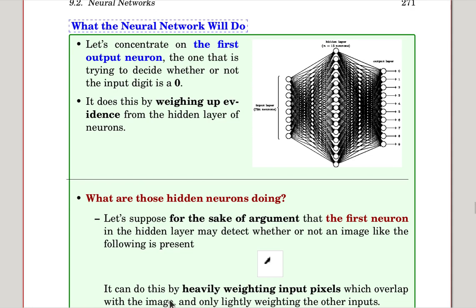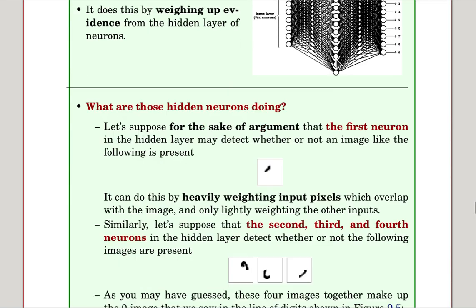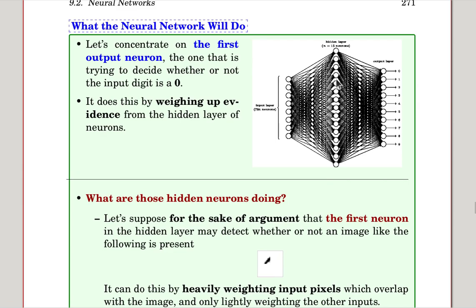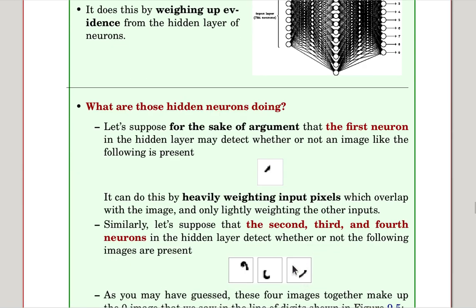That can be done by heavily weighting input pixels around this portion. And for example, the second neuron tries to detect such a shape, the third one tries to detect this one, and the fourth neuron tries to detect this portion.